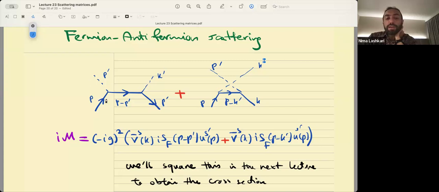Right. Okay. So now here the incoming is going to be u_s'(p), and then v bar_s(k), this is this term, right?